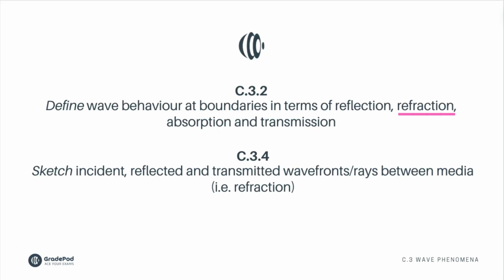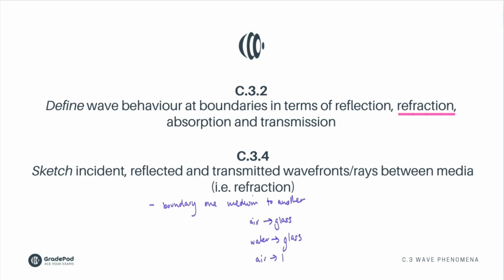In this section of the tutorial, we're going to look at what happens when you go from one medium to another. Say from air to glass, or from water to glass, air to liquid?